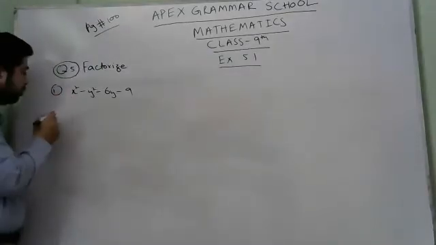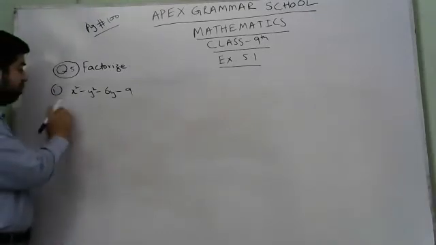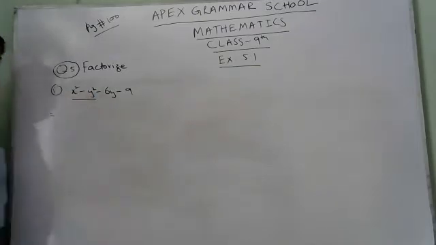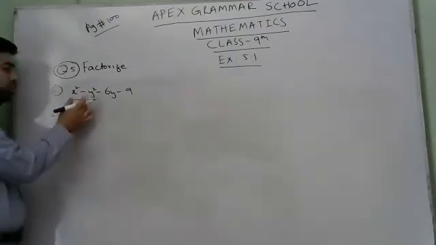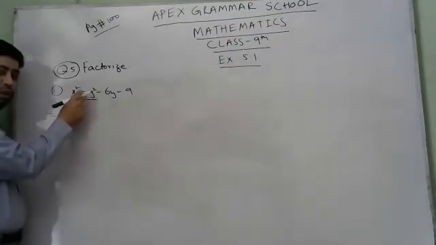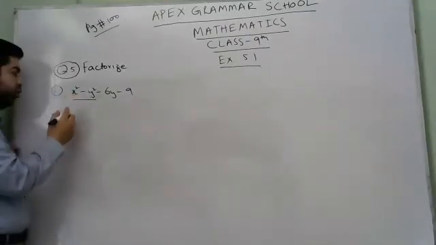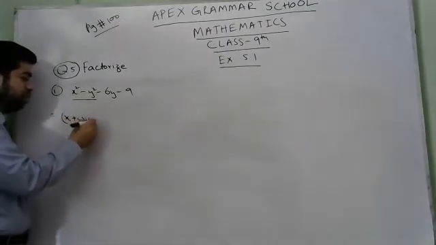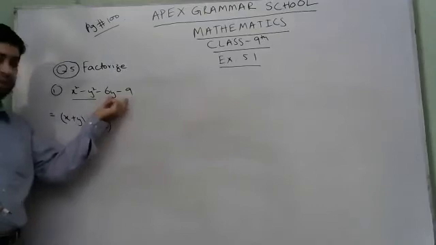So after that, if there is no single element common, you can see if there is a formula, like x square minus y square. Talking about this situation, this will be of the type a square minus b square, or you can say a plus b into a minus b. If I'm going to write x plus y into x minus y, and after that this is minus 6y minus 9, what is common here?